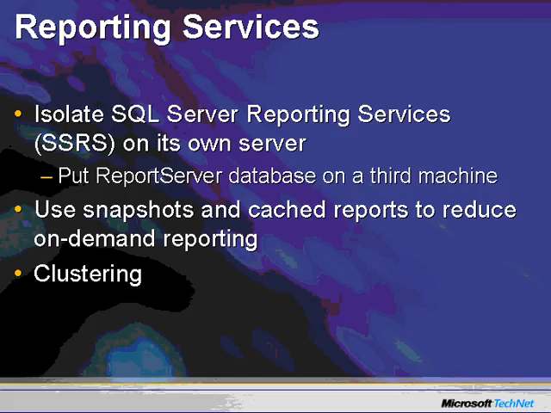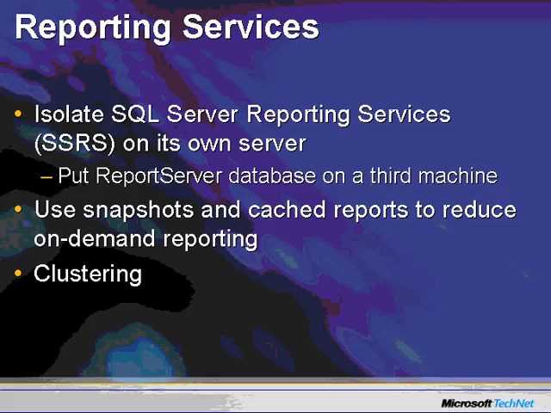For Reporting Services, I have a couple of recommendations. Again, my standard recommendation, if you're having performance problems with Reporting Services co-hosted with another component of your data warehouse system, is to put the Reporting Services service on its own server. And past that, the second thing that you could do if you're still seeing performance problems is to put the report server database on a third machine.